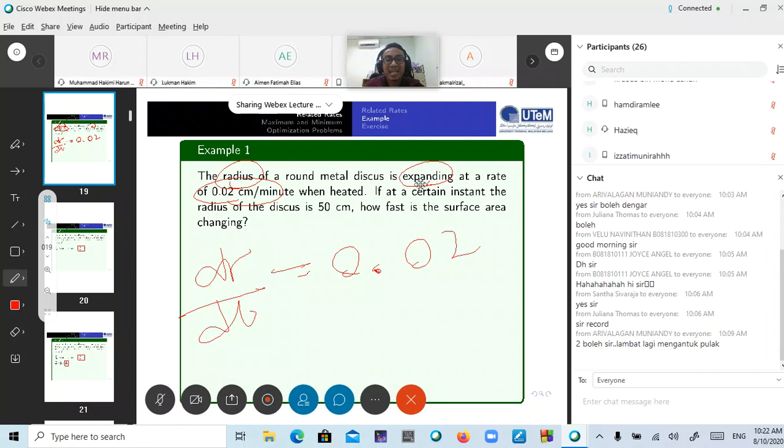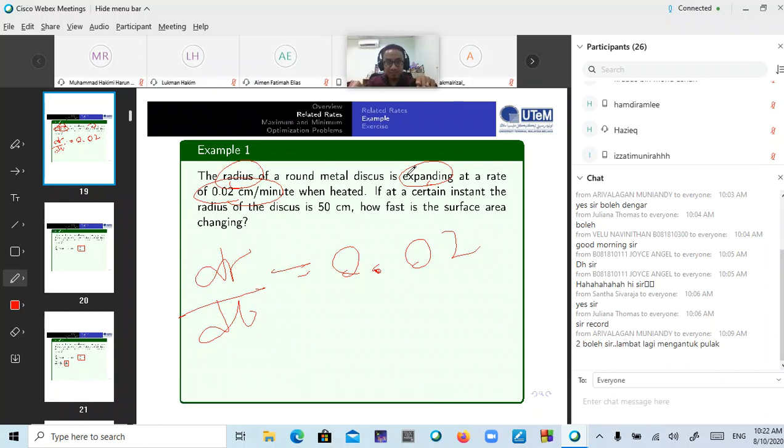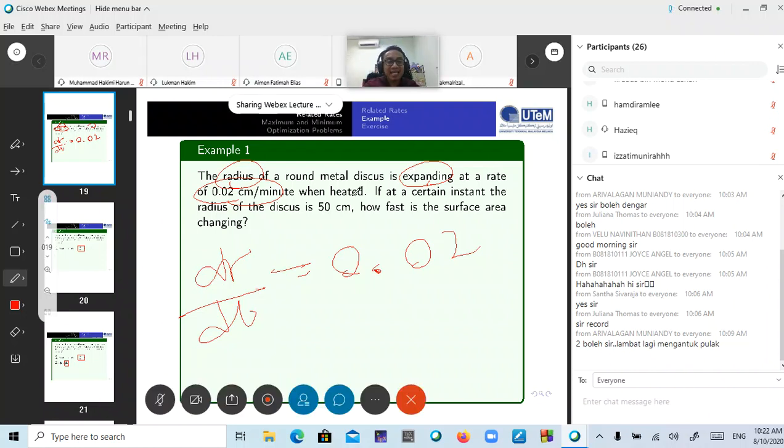You look, it says expanding. When expanding, it grows longer, which means it is positive. It can also be negative, and in the question it will not write the negative. You need to know by yourself whether what is given is positive or negative. In this case, the radius, dr over dt, and expanding, so you must put positive 0.02.